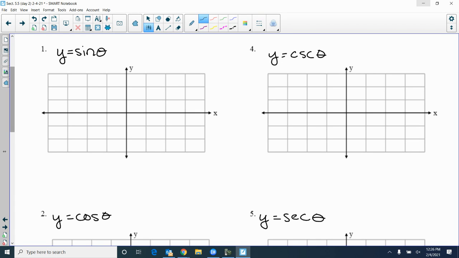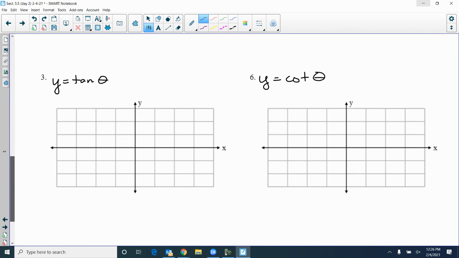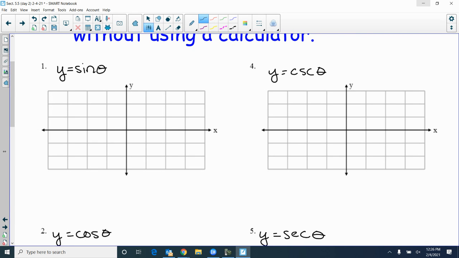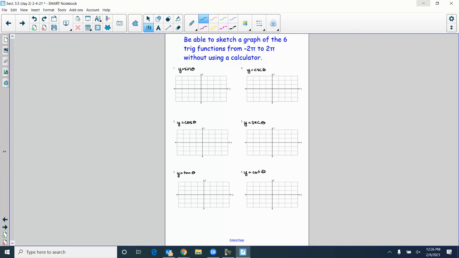Put sine, cosine, tangent, and then I have it arranged cosecant, secant, and cotangent. So make those as neat and as accurate as you can. That's going to be your study guide, because that's going to be the first question on the test. The no calculator part of the test is to graph these 6 functions. So you have to do that.